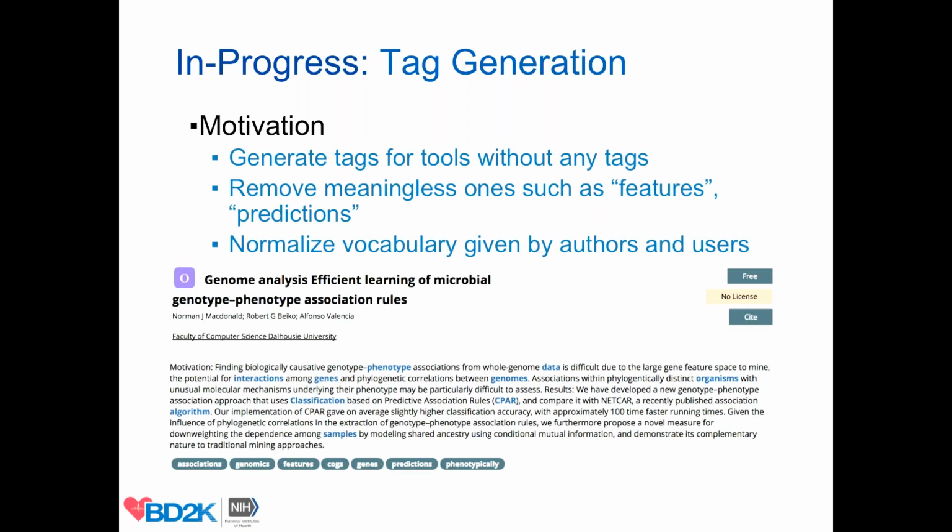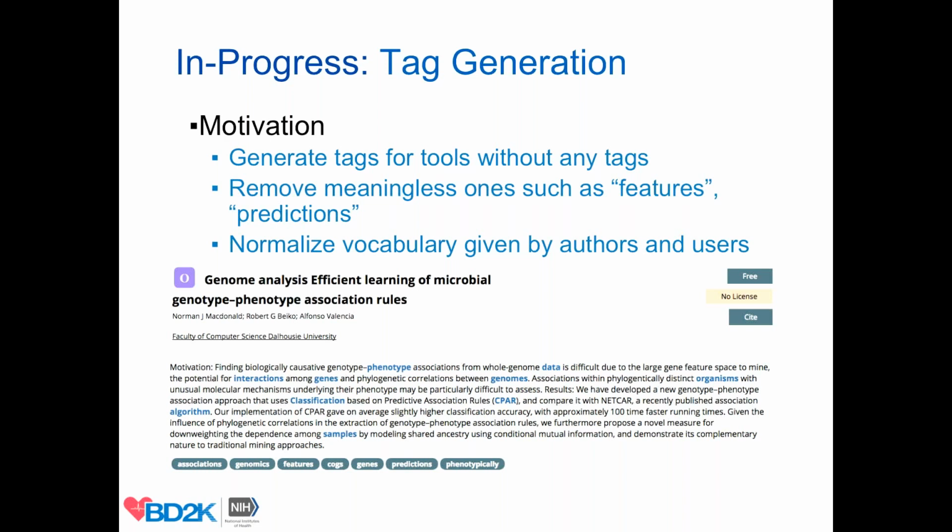Okay, here comes the in-progress project, which is the tag generation. The Aztec system used to leverage the keywords from the paper to act as tags for online resources. However, the phenomenon like tag absence or wrong tags is ubiquitous.